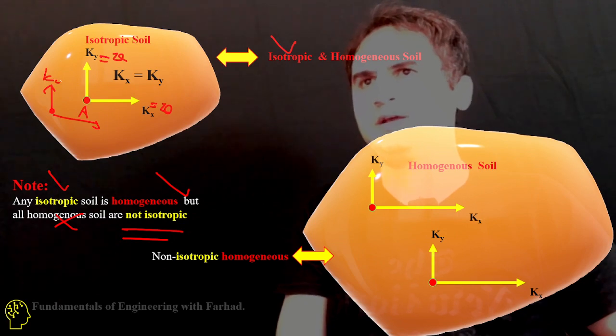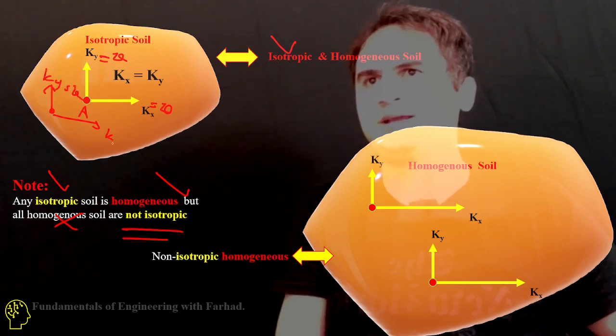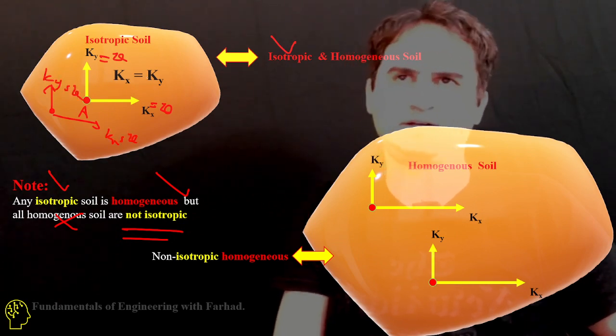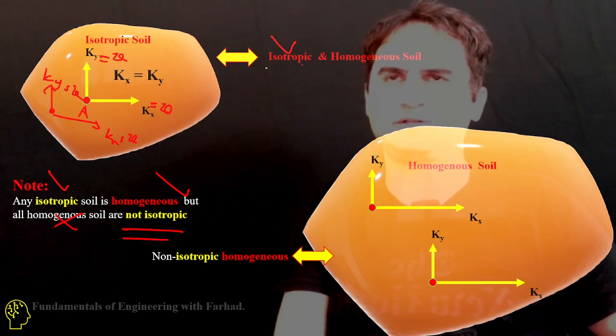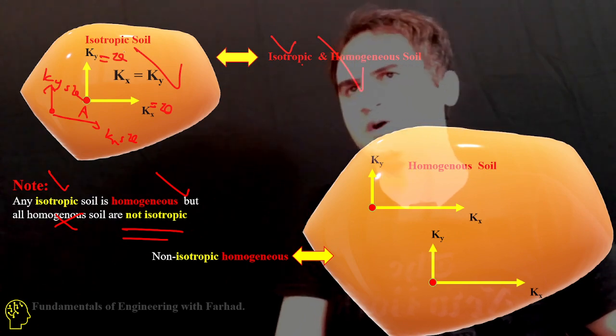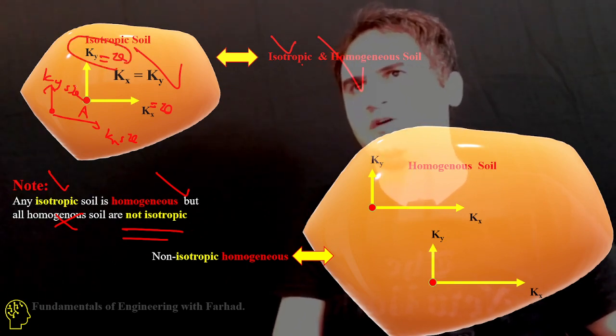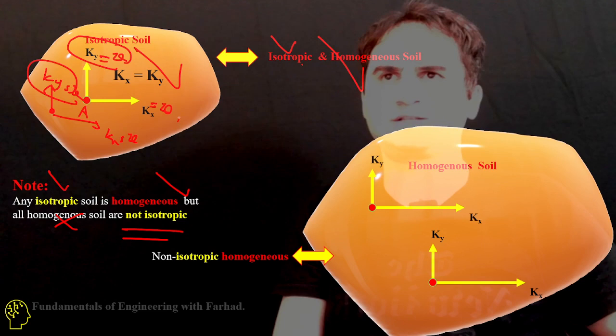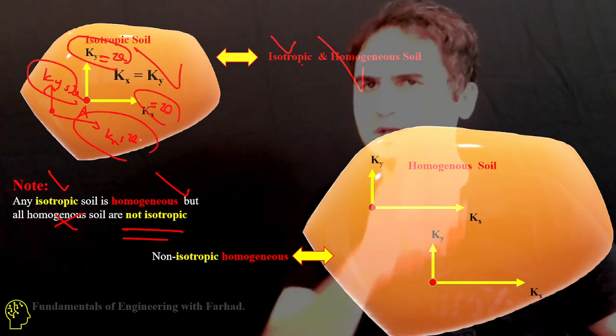So again Ky is 10 here and Kx is again 10 here. So the isotropic environment is also homogeneous, because we can consider Ky independently as constant and Kx also as constant.